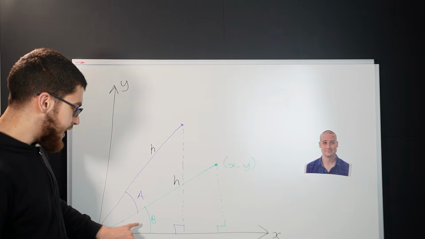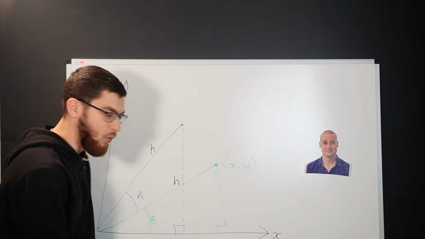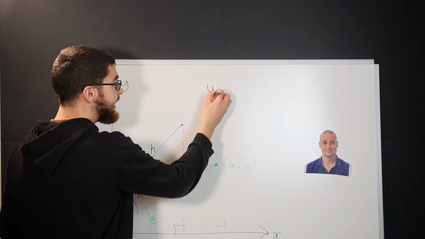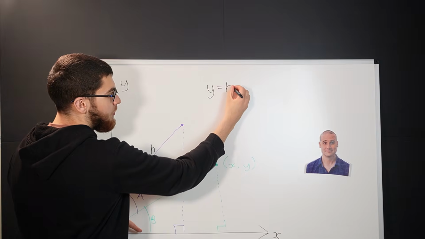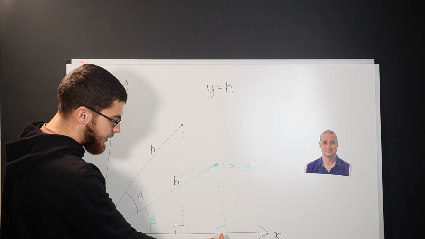And so we can say that this length here is going to be Y because the Y coordinate is the vertical. We can say Y is equal to H multiplied by sine B, because that's going to give us the opposite side.